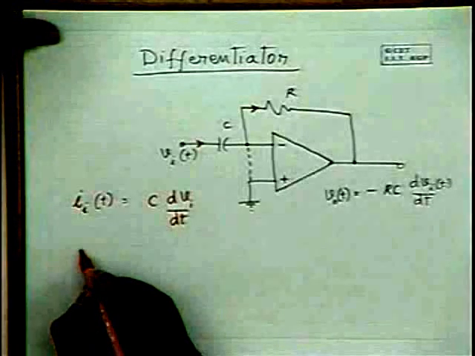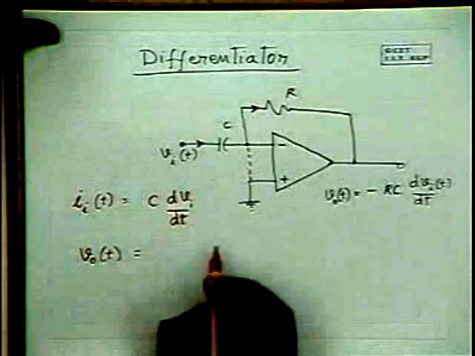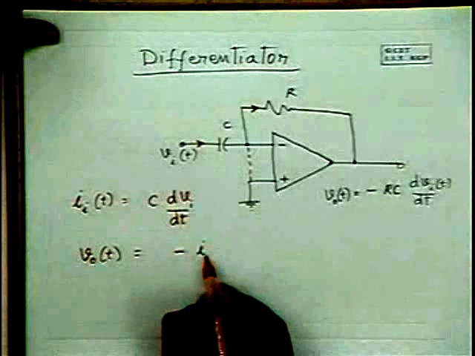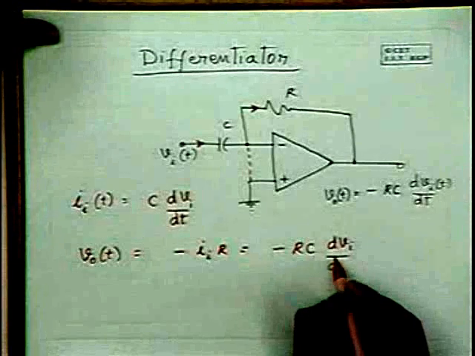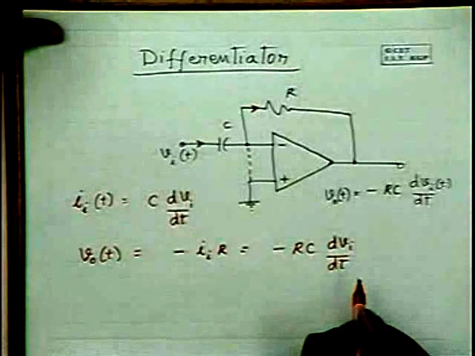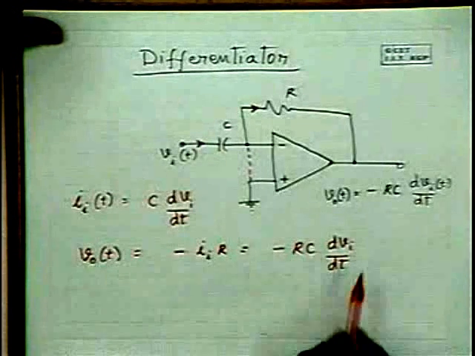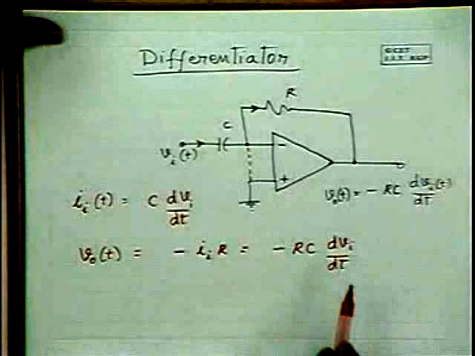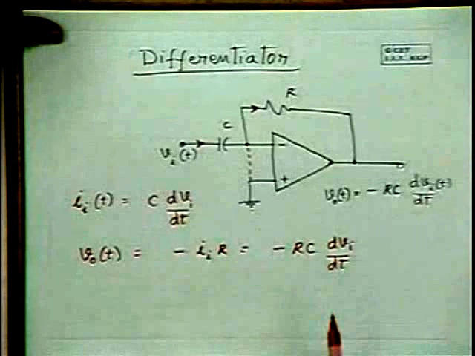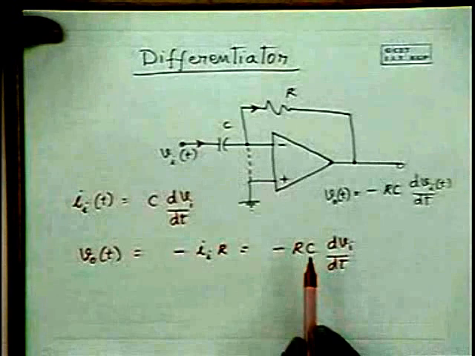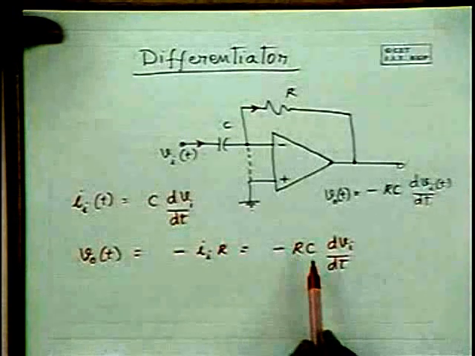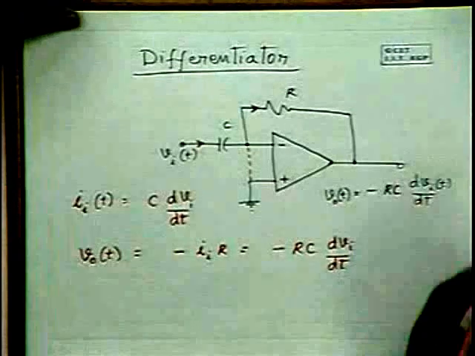Therefore, V0(t) is minus I into R, and substituting for I we get minus RC dVi by dt. Hence the output voltage is a differentiated version of the input voltage except for the negative sign and the scaling factor RC. And we can always set RC equal to 1, hence it is minus dVi by dt.